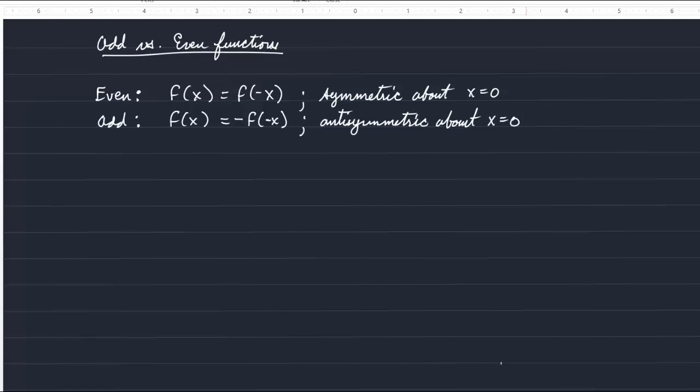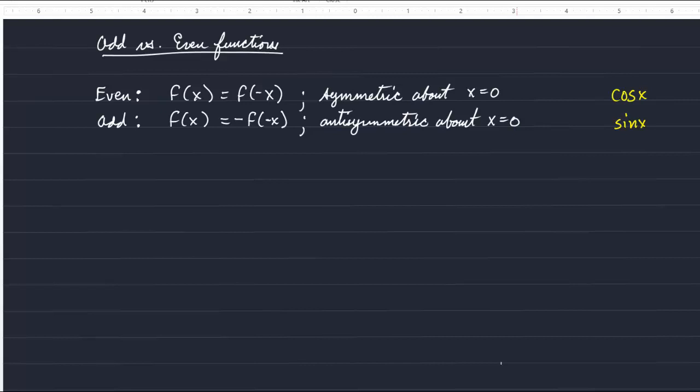So an example, actually, let me ask you this. If we have cosine x, sine x, why don't you think to yourself which one is odd and which one is even? Okay, so I hope you can answer that question I'm posing to you.